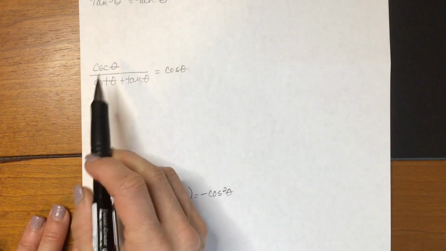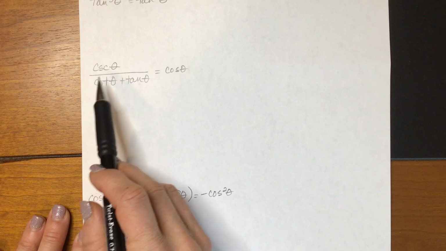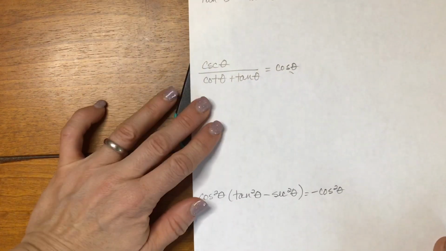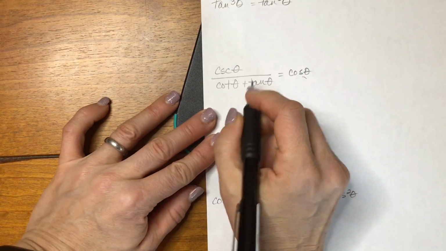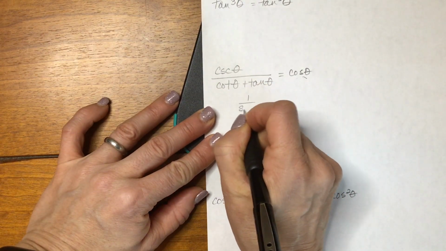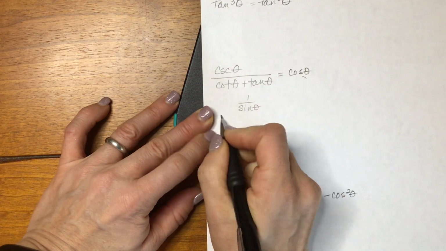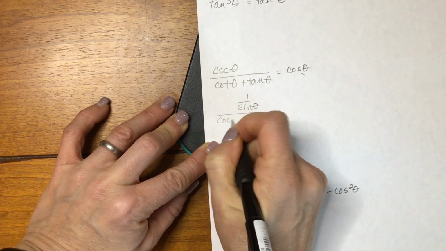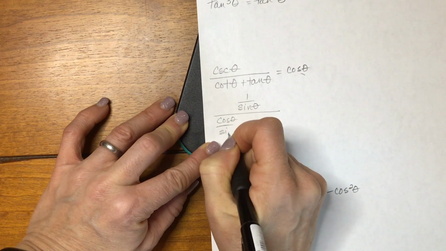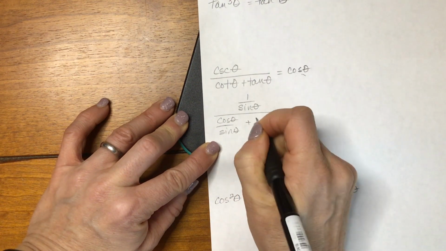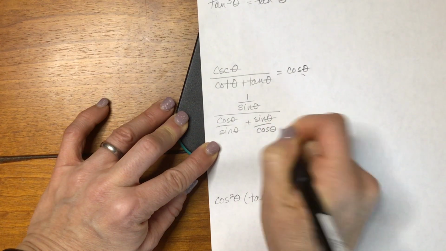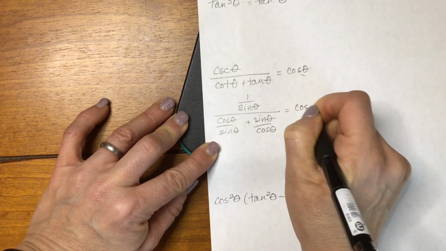And I know I need to change everything to cosine and sine because I want cosine. So I know that cosecant is really just 1 over sine. And then in my denominator, cotangent is cosine over sine, and tangent is sine over cosine. And we want that to equal cosine.